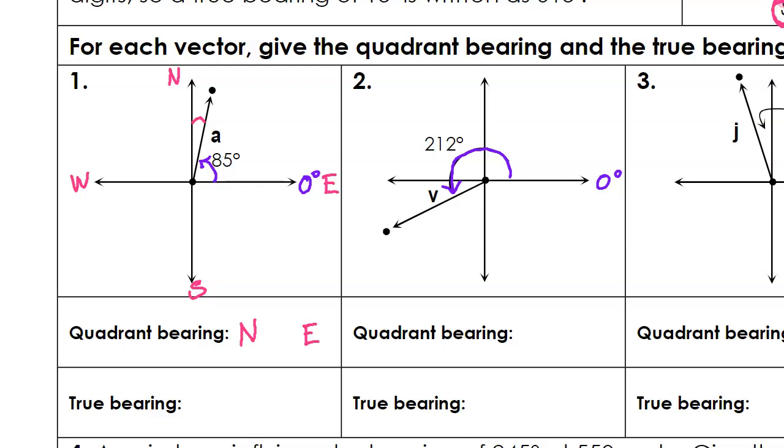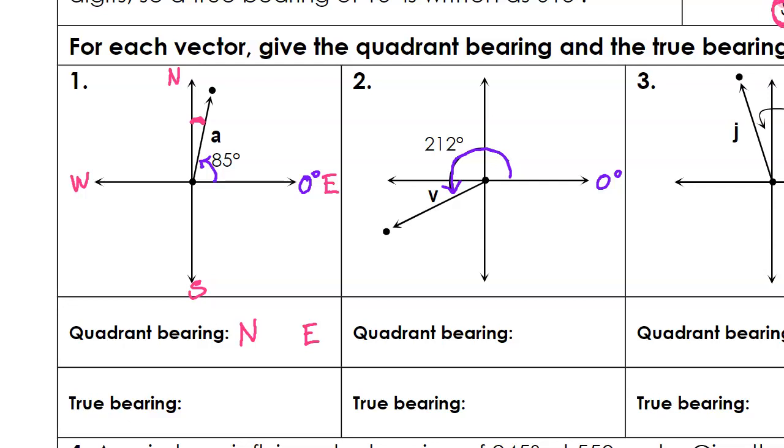What number should I put between these two letters? Not quite, because this is the angle. This is the bearing going from the north. This little arc marking right here is the angle we're looking for.